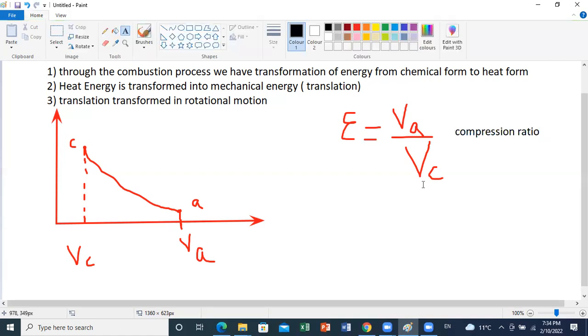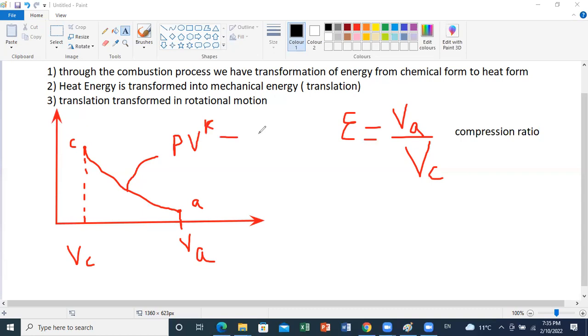And also, another parameter that is characteristic of adiabatic phases is the following one. In any adiabatic phase, as you have seen in the course material, you can write an equation. An adiabatic phase is characterized by the following equation: pressure times volume to the power K is a constant.